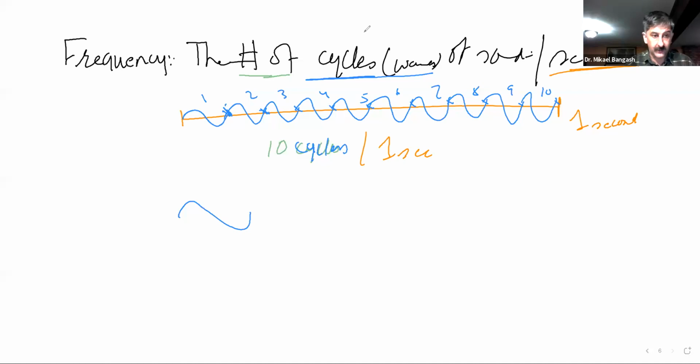So that's the frequency of any specific event in a specific duration. But when we talk about the frequency of sound, it's the number of cycles per second, that's how it is counted. This 10 cycles per second that we had means that it becomes a frequency.